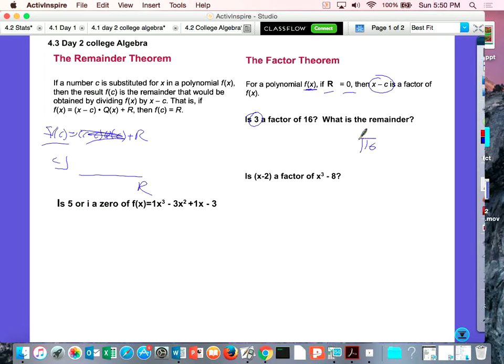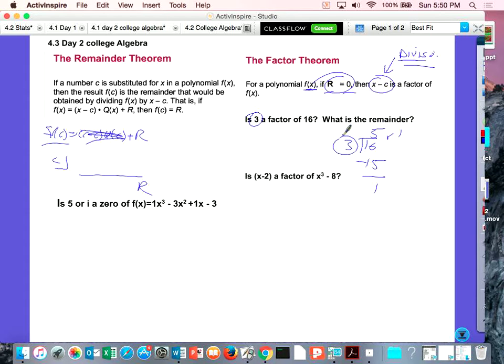No, because the remainder is not 0. The remainder is 1. So unless the remainder is 0, that divisor, the thing we're trying to see if it's a factor of it, is not a factor. Is this a factor of this? No, because when you divide it in as a divisor, it doesn't divide in evenly.